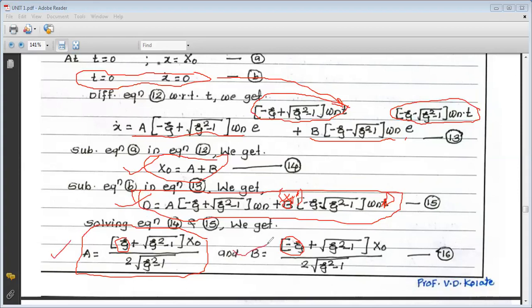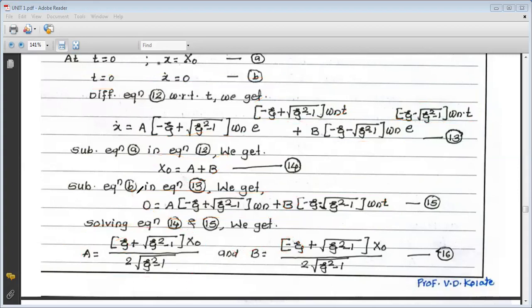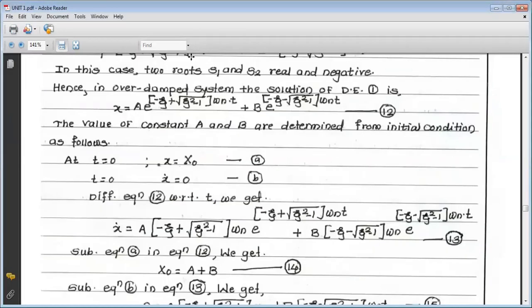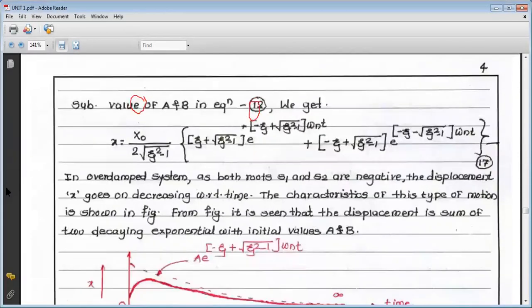Now put these two constants, a and b, which we have determined, in equation number 12. So our equation becomes: x is equal to x0 upon 2 square root of zeta square minus 1, which is the common term.